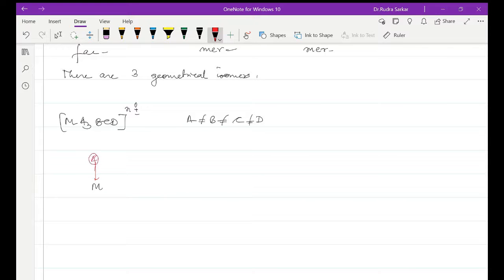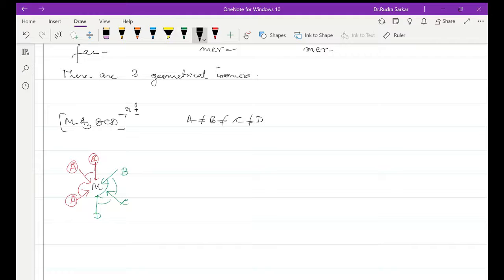And as I have taught you how to write the facial isomer, just keep the angles 90 to each other and then you can have the B, C and D. Since the angle between DC or BC or BD all are 90, interchanging any of the positions, there will be no new angle generated between these donor atoms. So there will be no such new facial isomer possible.